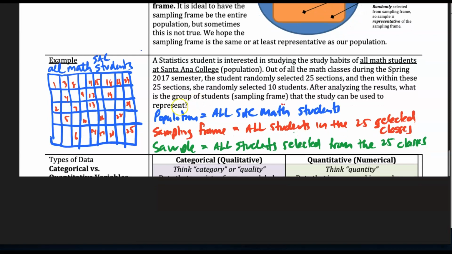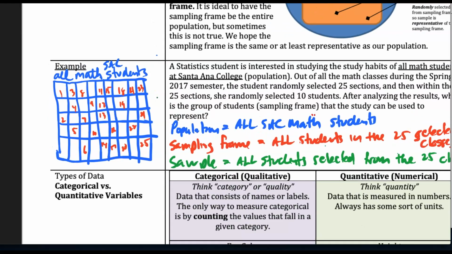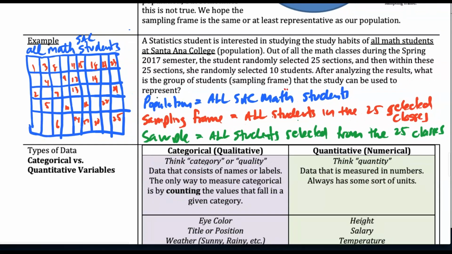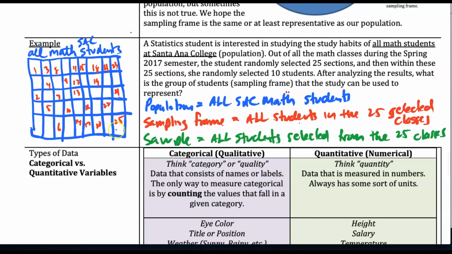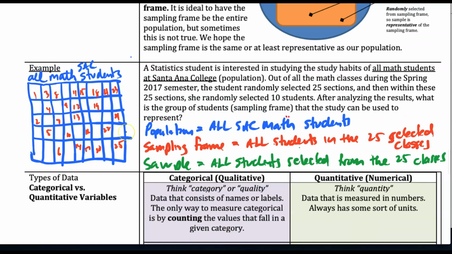Here's an example that you can look at. It shows the difference between the population, which is all Santa Ana College students, and the sampling frame, which were all the students in the 25 selected classes. Since we couldn't interview everybody, we took a sample of classes called our sampling frame.